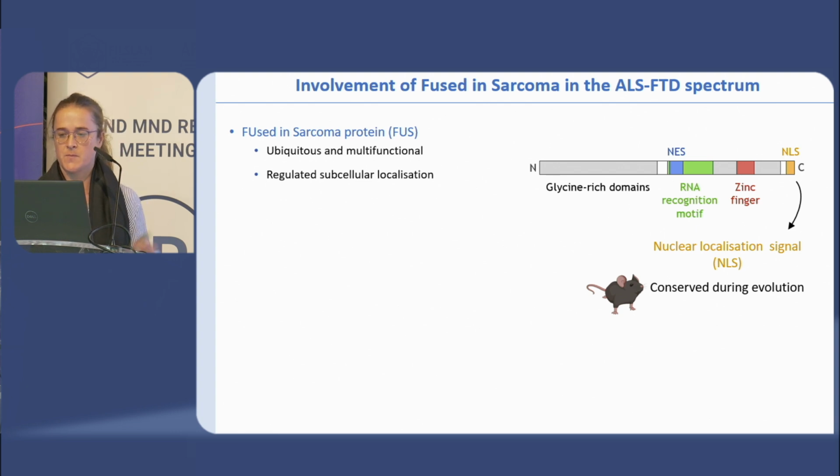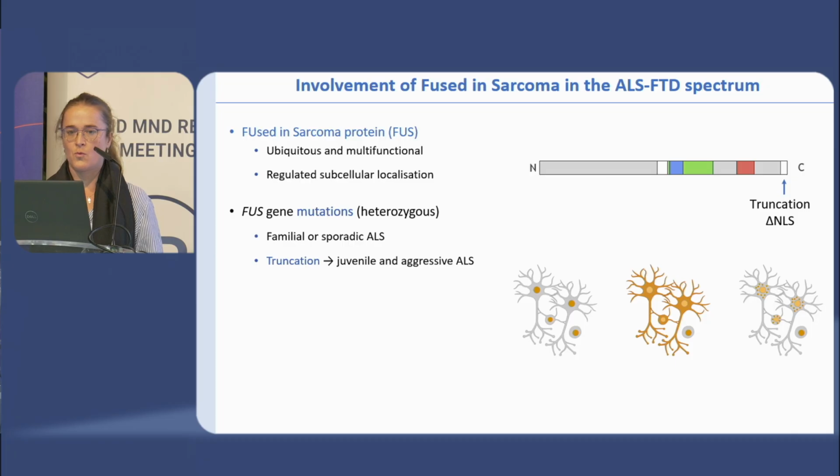One of these is the nuclear localization signal, in the C-terminal part, that is highly conserved in evolution and really important for the regulation of FUS subcellular localization. When this domain is truncated, as is the case in some familial ALS situations, it is associated with a very aggressive and juvenile form of ALS.